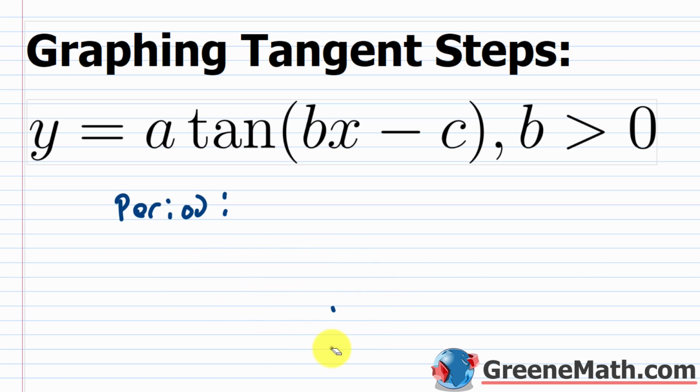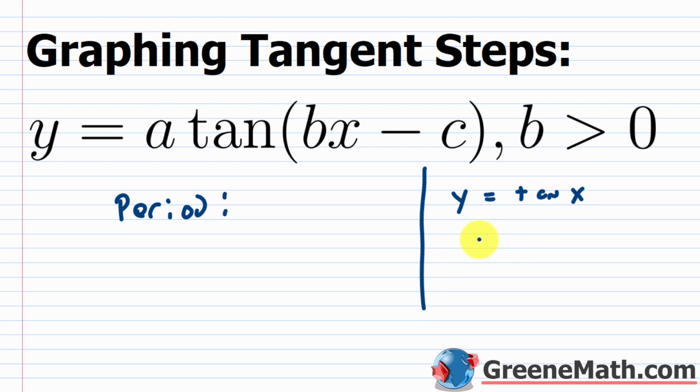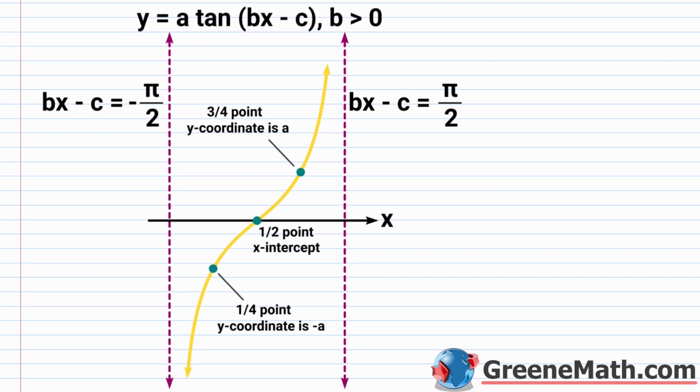When you have y equals the tangent of x, the standard period is now pi. Not 2 pi, but pi. So let me put that off to the side. So y equals the tangent of x. The period is pi. So we know that. Well, here, the period for this guy right here, because you have b that's multiplying x, is going to be pi over b. Now, I have a little sample illustration here to go through the procedure.